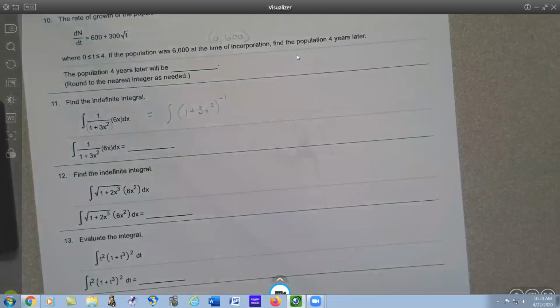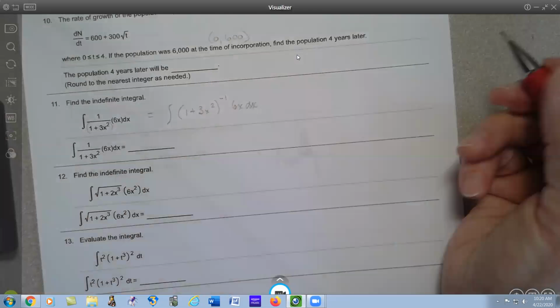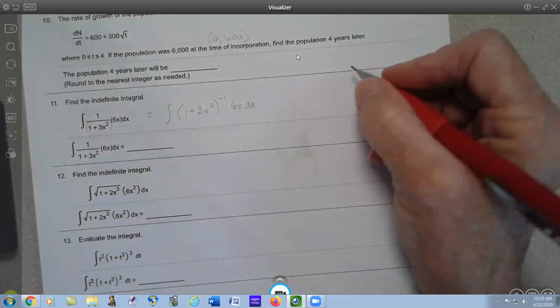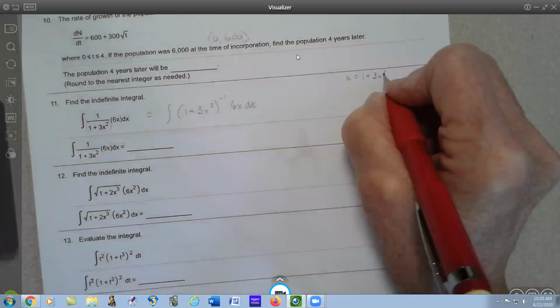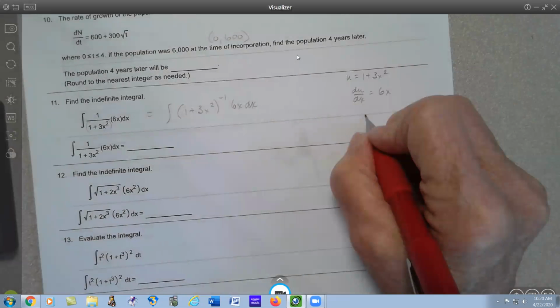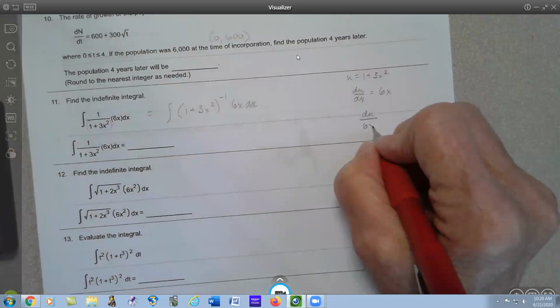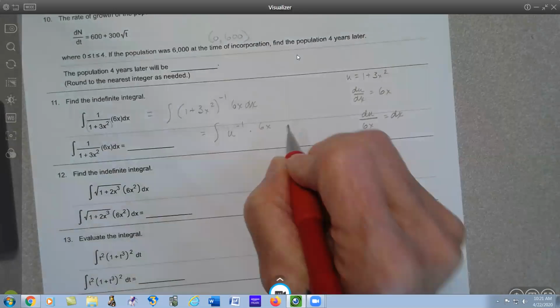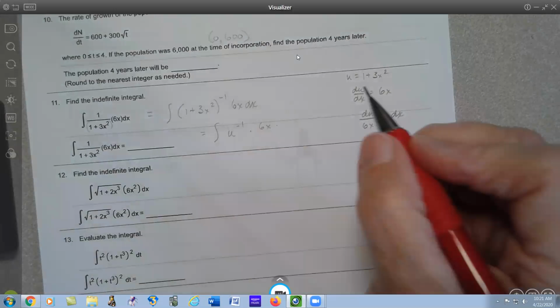So if I go do my U substitution, U would be my parentheses. So then I'm going to have U to the -1 times 6x times du over 6x.